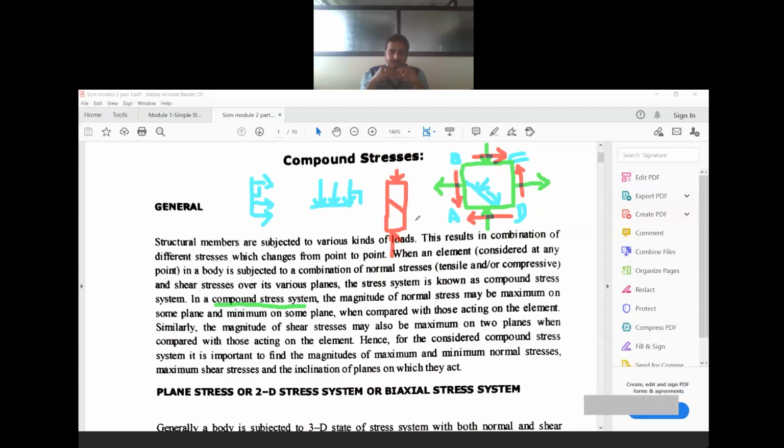I'll repeat: maximum and minimum normal stresses, next maximum shear stresses and the inclination of planes. These are the factors we will be observing in this chapter.